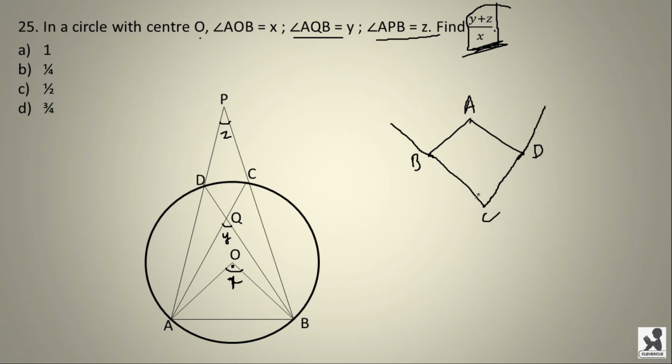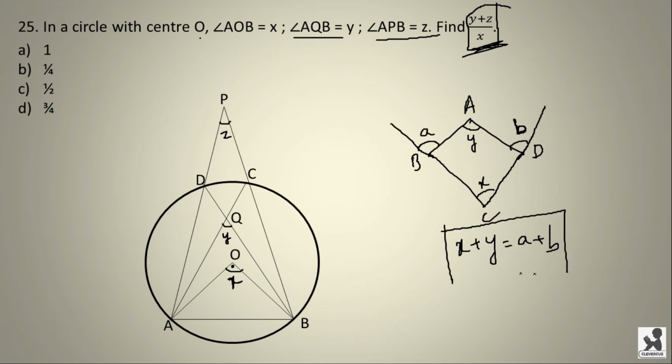Now take this point as X and take this angle C as X and take this angle A as Y and angle B, the external angle B as a and external angle D as b. Now in this, X plus Y is equal to a plus b. Please note this formula. x plus y is equal to a plus b.